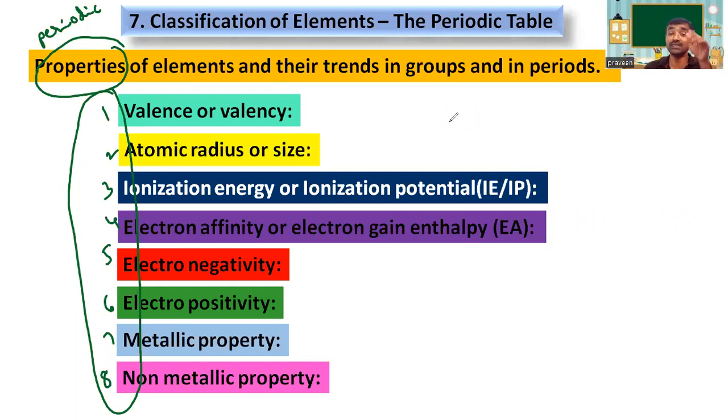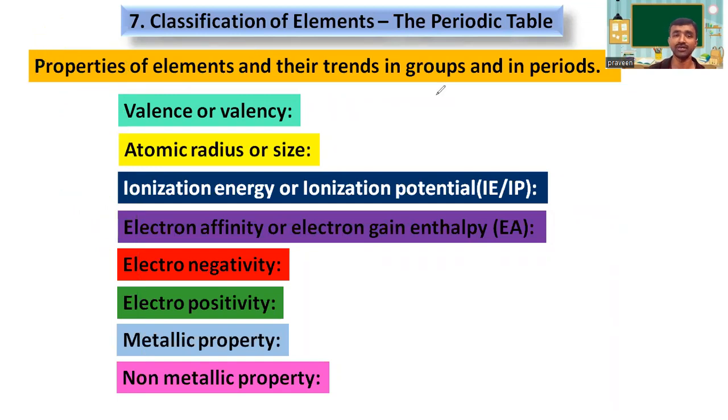So we are learning in these periodic properties about valence or valency, atomic radius or atomic size, then ionization energy or ionization potential, electron affinity or electron gain enthalpy. Next, electronegativity, electropositivity, metallic and non-metallic characters. So these are the periodic properties, right? I will start the discussion in the next meeting. Join immediately.